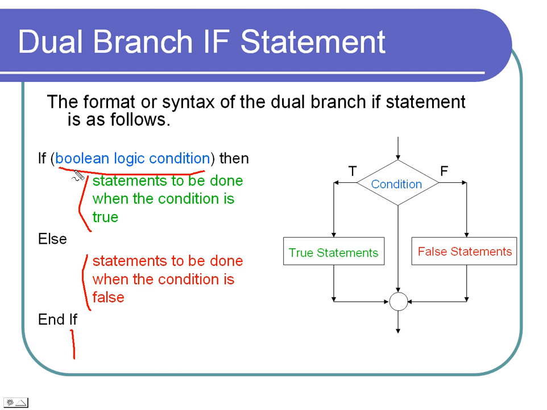You can either do this or this, where in the first case it was just do this or don't do this. So in this case it's do this or do this. Looking at the condition over here, we've got two branches, the true and the false. So it'll either do these statements here or it'll do these statements here, and then it goes on with the rest of the program.